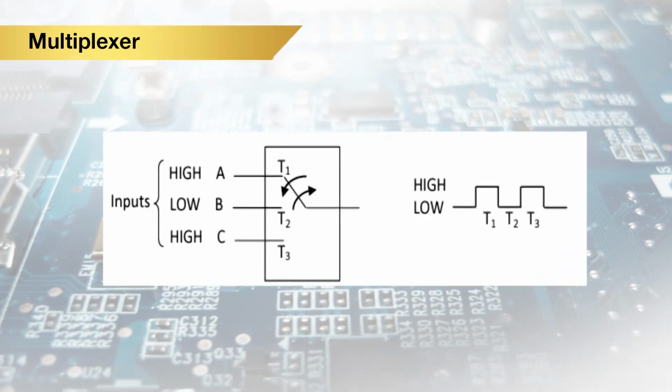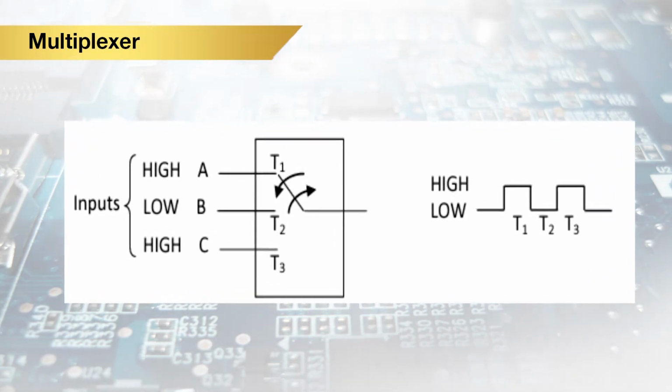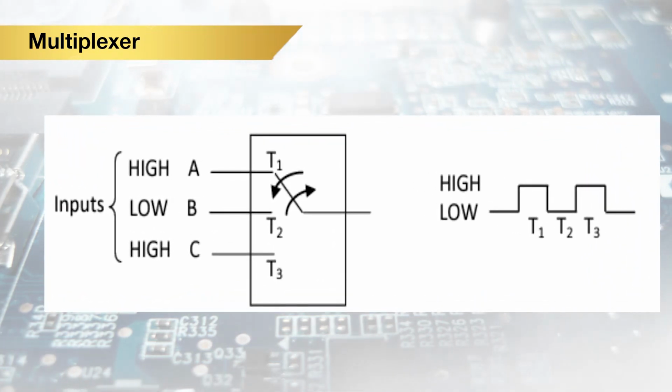So, here we can see a simple multiplexer operation going on. The electronic component is switching the data from the inputs, that is A, B, C are the inputs, high, low and high, and they are switched one by one and the data is taken at the output.